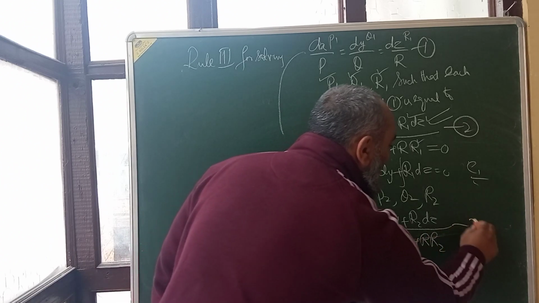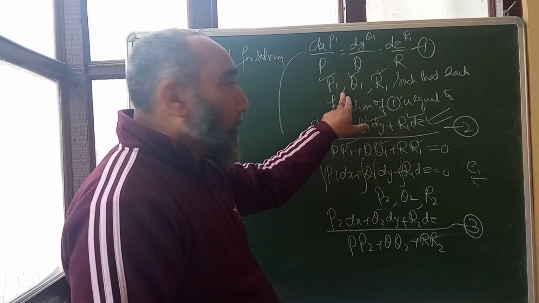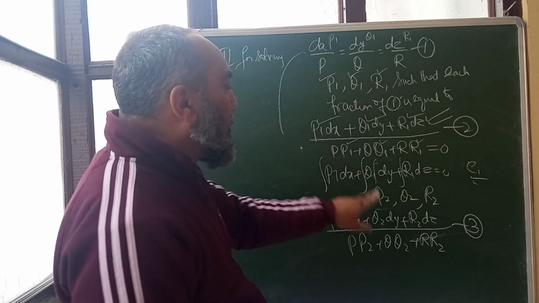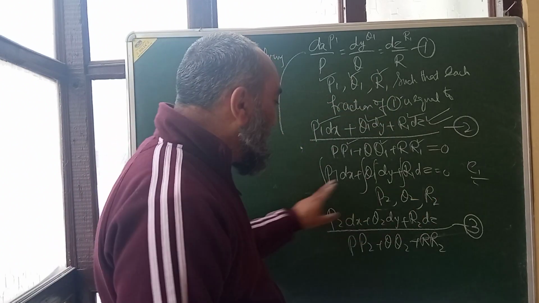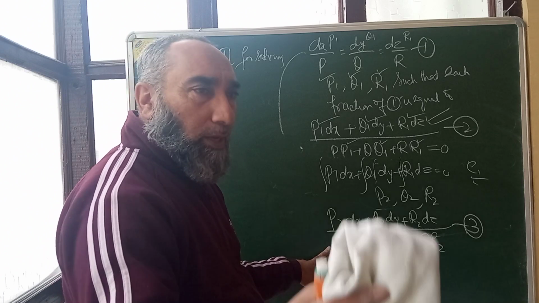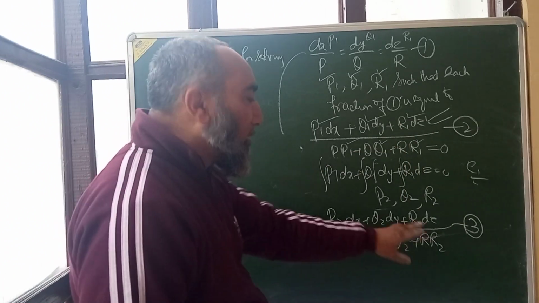This can be done. I had first chosen multipliers P1, Q1, R1, and each fraction was equal to this. Now I have chosen these multipliers, and each fraction will be this. You can see it by the example I have given. You can choose any set of multipliers and each fraction will be equal.